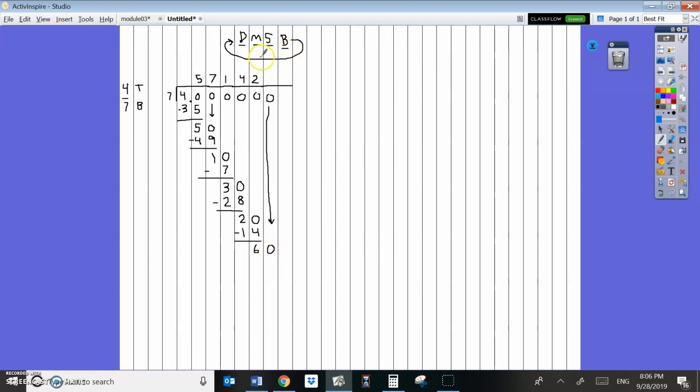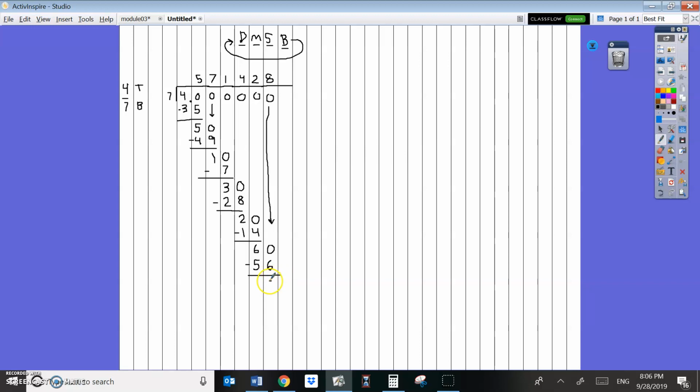And back to the beginning. How many 7s in 60? 8. Multiply. 8 times 7 is 56. And subtract.